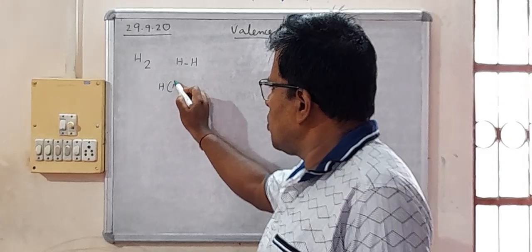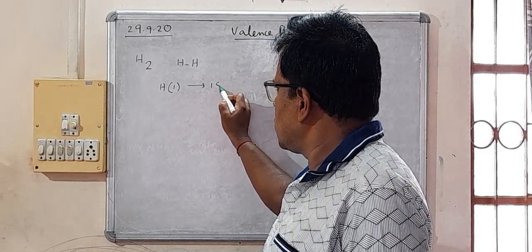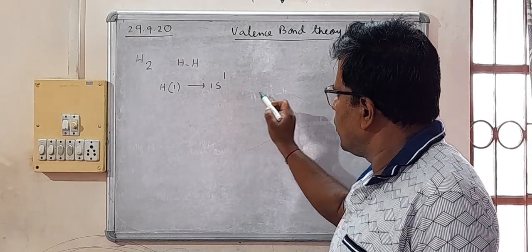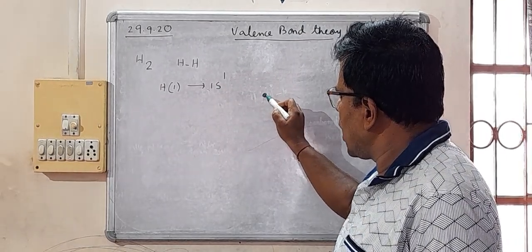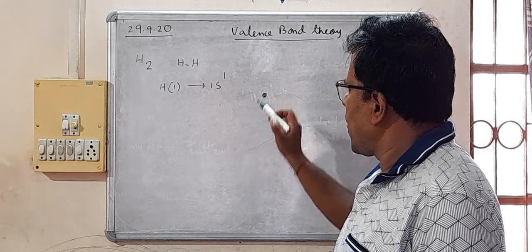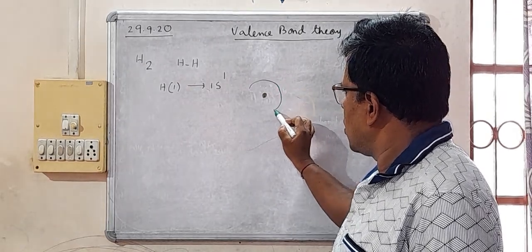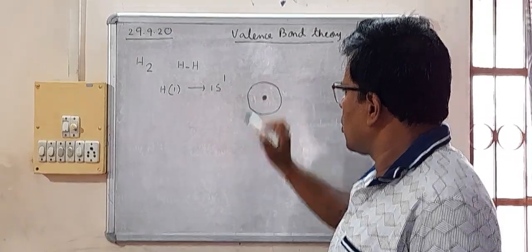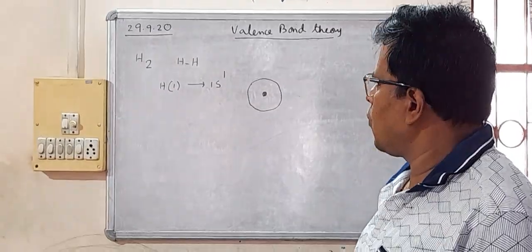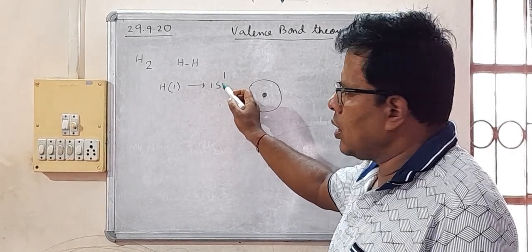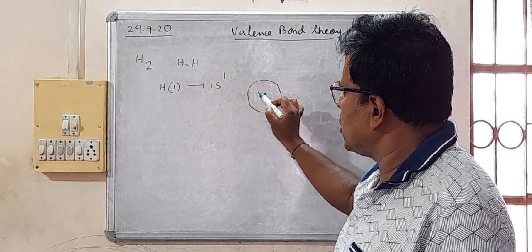The hydrogen atomic number 1, its configuration is 1s1. So this is the hydrogen nucleus, and this is the 1s orbital of hydrogen, and this 1s orbital is half filled, one electron is there.